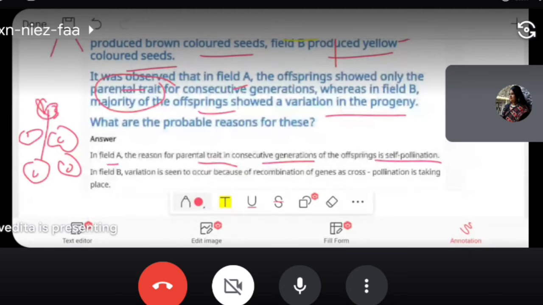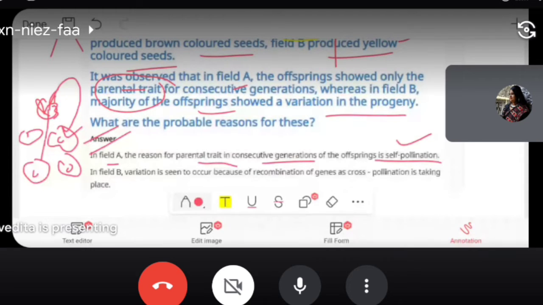If the pollen comes from one flower to the same flower of the same plant, or to different flowers of the same plant, then it will be self-pollination. So in field A only self-pollination is being done, that's why no such characteristic variation is being shown.